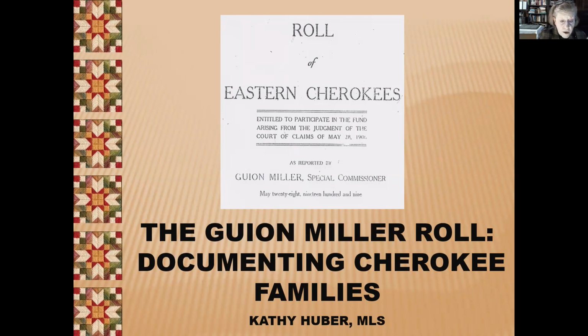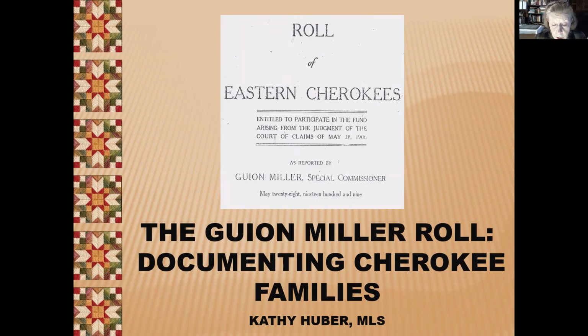As you can see from the slide here, this is only for Cherokees. As you know, the Dawes rolls were for all five Civilized Tribes, but this roll is only for Cherokee, and we'll see that in a little bit.